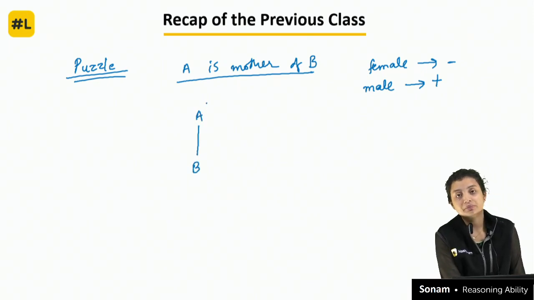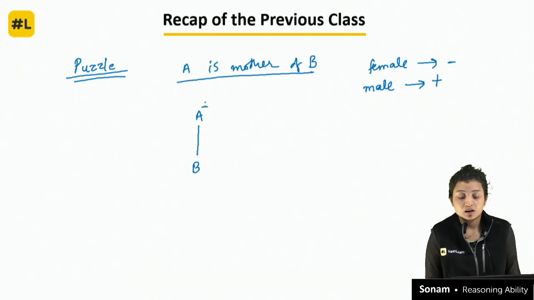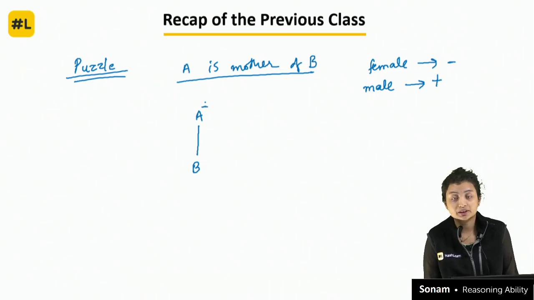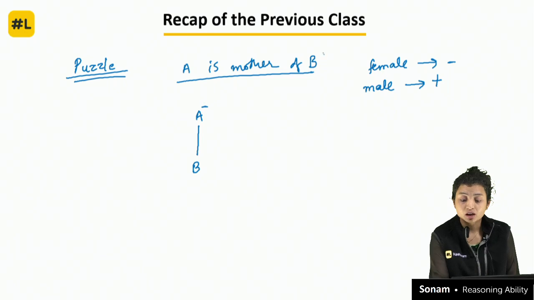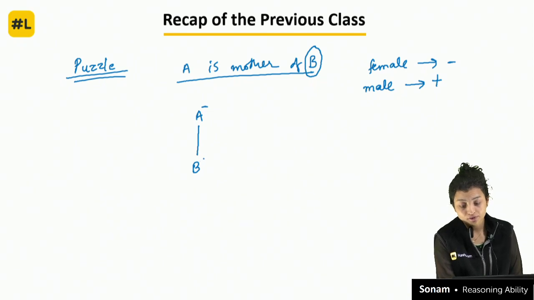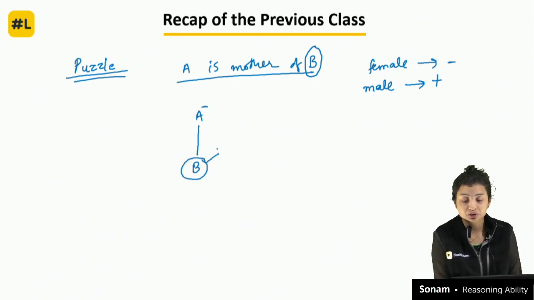A is mother of B means A is female. Now one important thing I taught you in the last class is, if you do not know the gender, do not assume it, because here I don't know the gender of B, so I can't do the assumption, right?